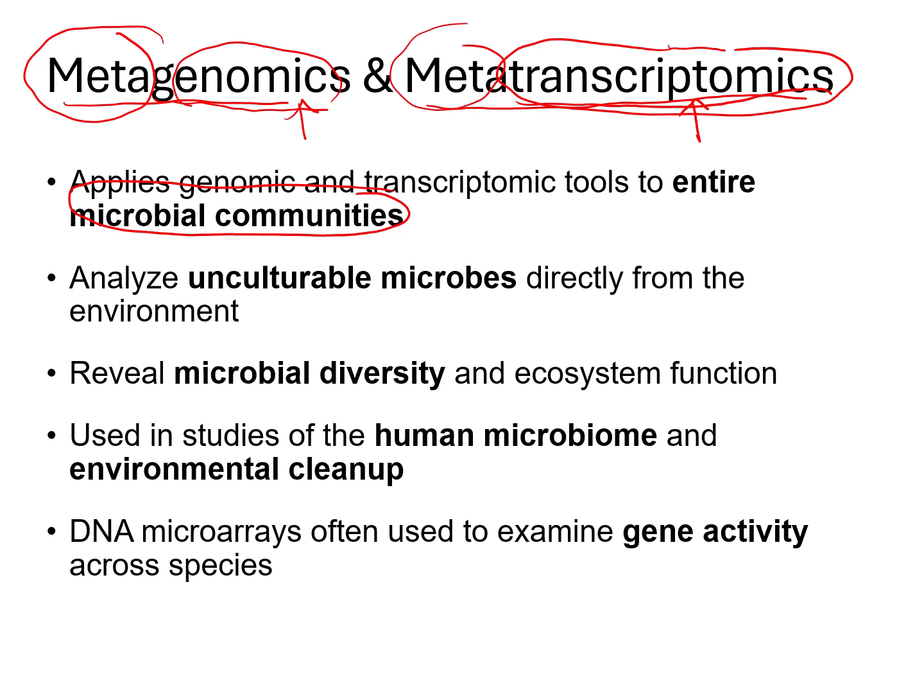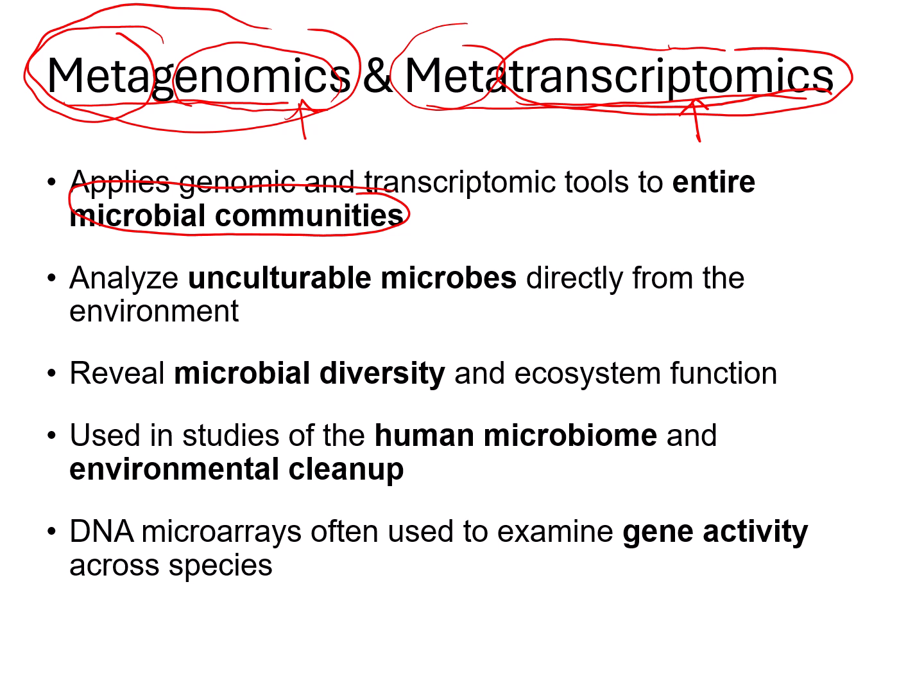So metagenomics applies these same tools to microbial communities directly from their environments. We're not going to culture them in the lab. We study them where they are. So for instance, we could study the genome of some kind of fecal sample and look at all the microbes there, or a soil sample and look at everything in the soil.